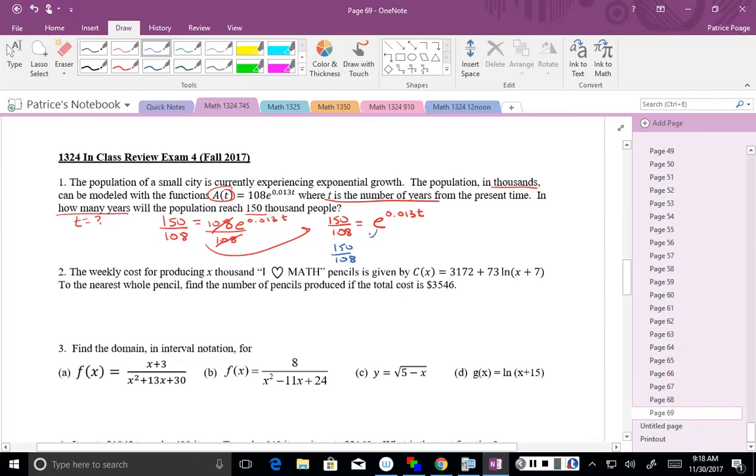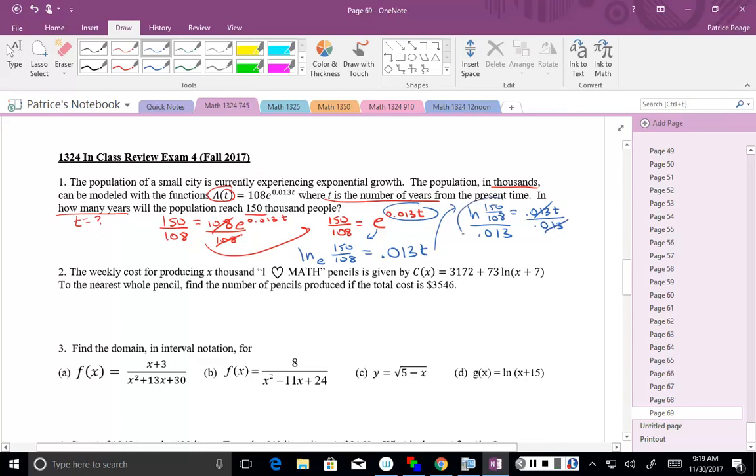The e is going to now move over and become the little base. So this will be a natural log. And then my exponent will drop down and become this big guy here. And so now I have the natural log of 150 over 108, it's understood to be base e, equals 0.013 t. Divide by 0.013.